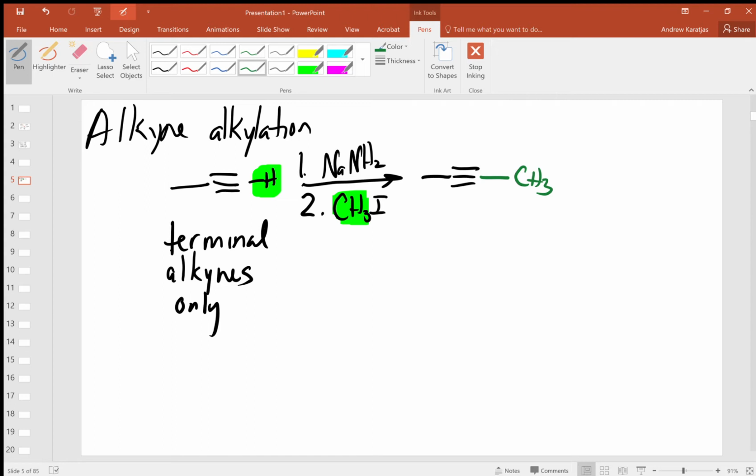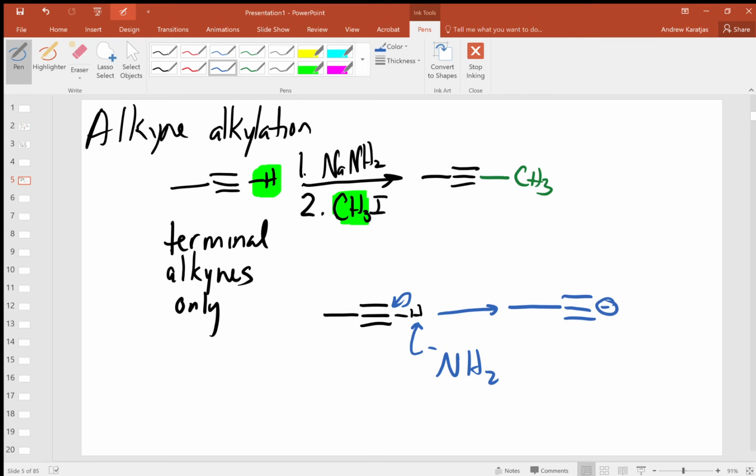So how does this reaction work? And why does this reaction work? So mechanistically, the reaction is at least initially fairly straightforward. The strong base NH2- is able to remove the hydrogen on the alkyne and form the anion on that carbon.